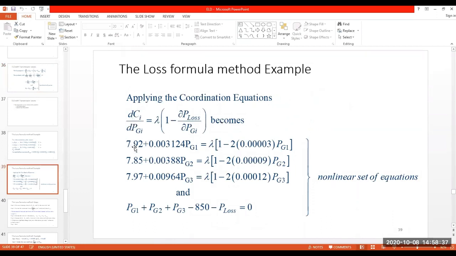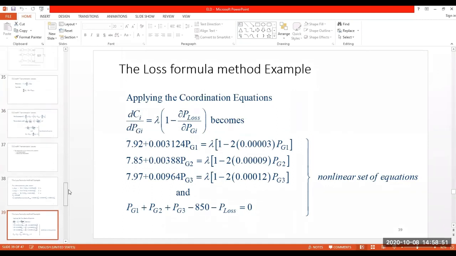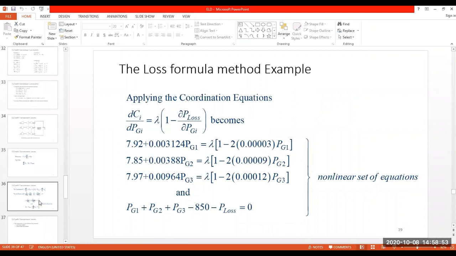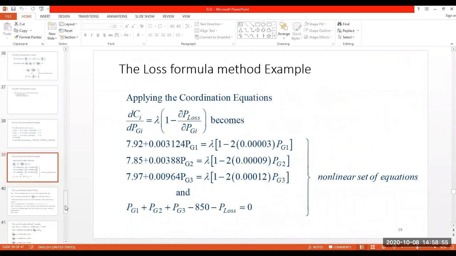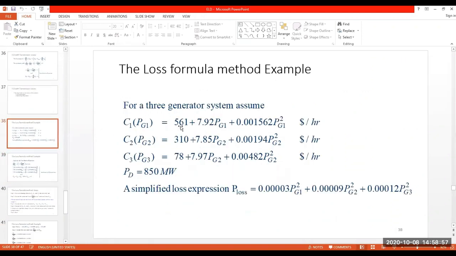Then if I perform the calculations, dCi over dPgi for generation number 1, where do you get that? You know the expression of C1, which is a function of PG1, so you simply take the first derivative. The expression is 561 plus 7.92 Pg1 and the square term.